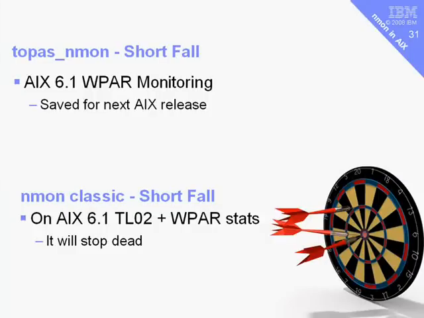This is because the interface for the workload partition statistics was changed with this version of AIX. We may get that working in 12F, or it may prove to be too difficult. But something to be aware of: the next version of AIX, which is typically scheduled for the middle of next year, in 2008, should have the WPAR monitoring. That's certainly their intention at the moment.